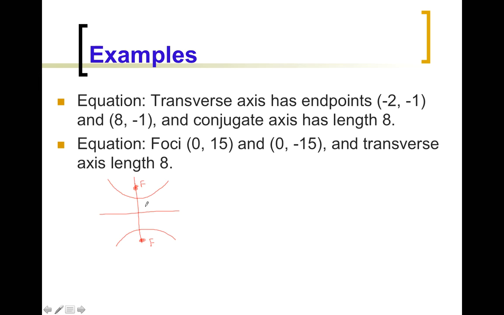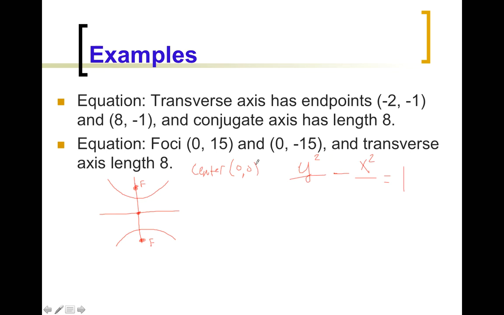And what's nice about this one is it tells me the center is now (0, 0) because it's going to be halfway between the 2 focal points. So my center is (0, 0). And since it opens up and down, it's going to be y squared over a squared minus x squared over b squared equals 1. Well, it could be y minus k, but since k is 0.